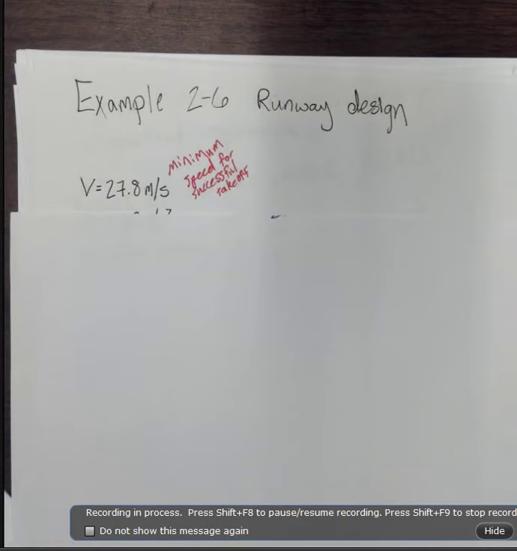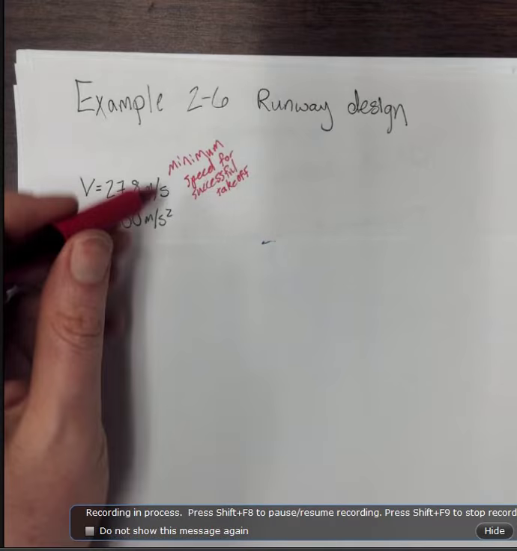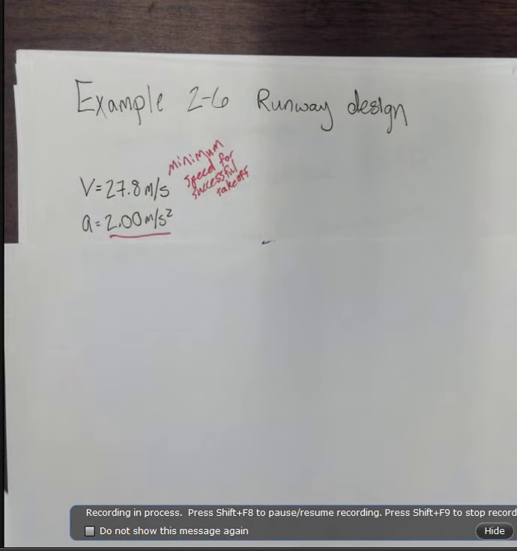meter long runway, but this plane has an acceleration set, like this is the maximum acceleration that this plane can achieve, and we want to see if it will fit on our 150 meter long runway. All right, so here's our runway.